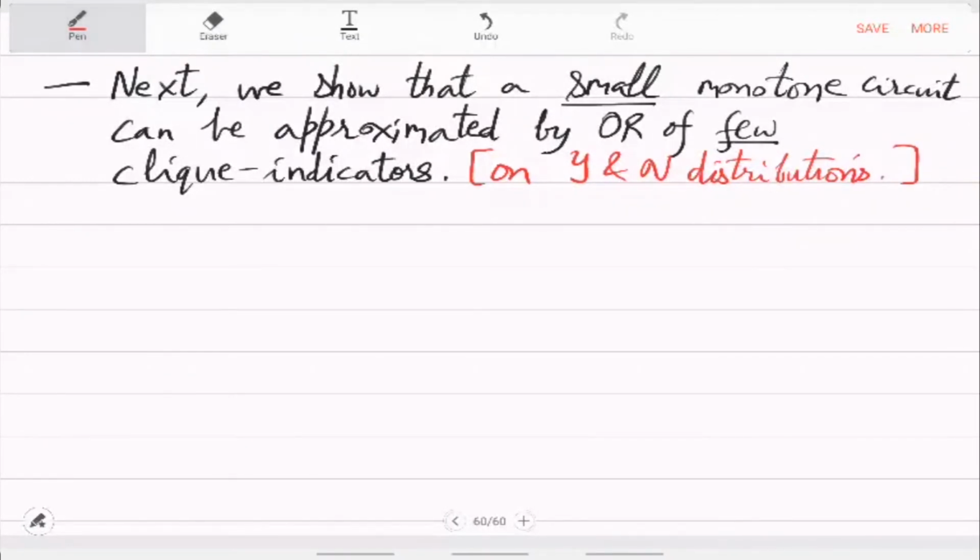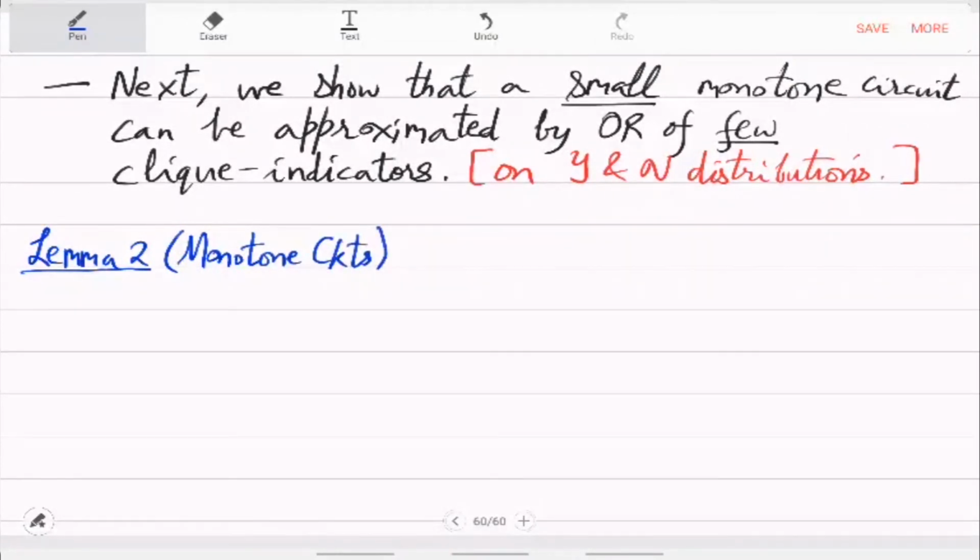So let us compute the probabilities on these distributions, and also we have to specify which clique indicators will work. So lemma 1 was about clique hard. This is now about monotone circuits. So this will show that, again same k, n to the 1/4.